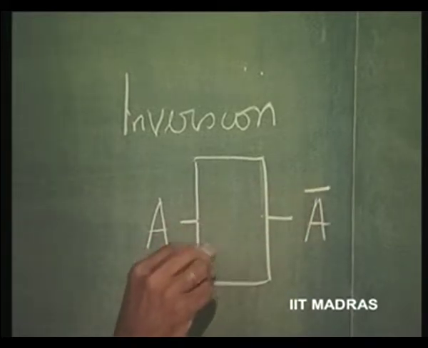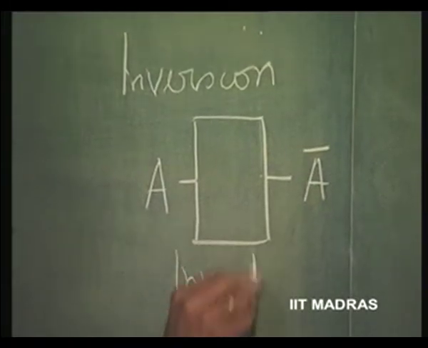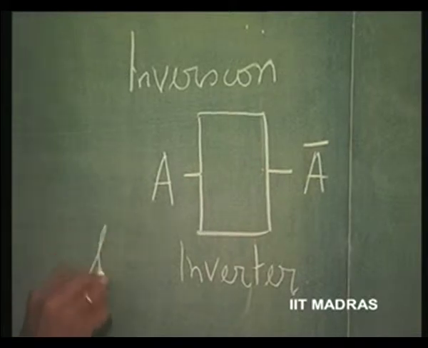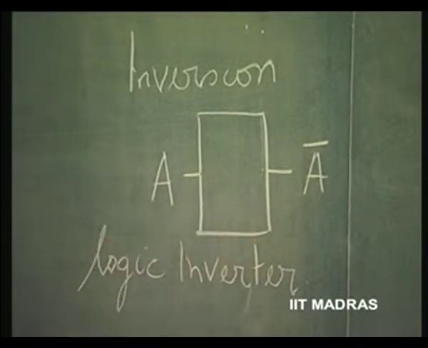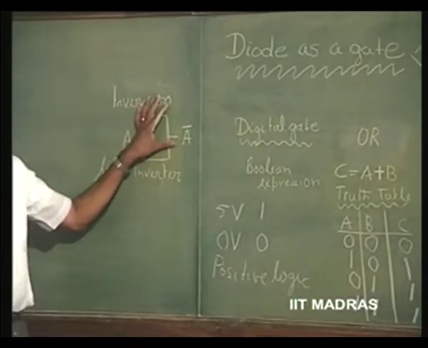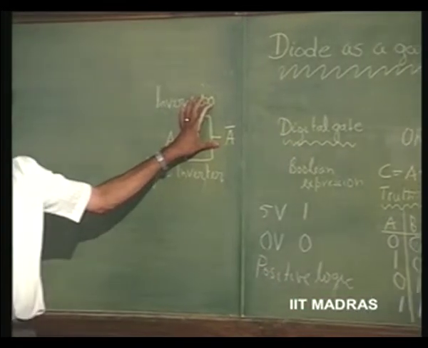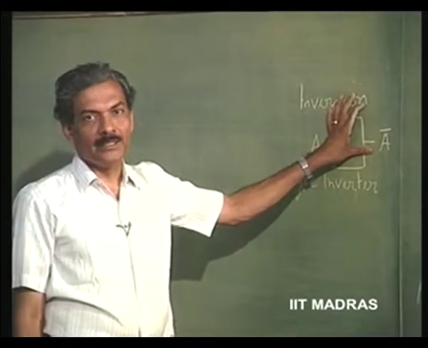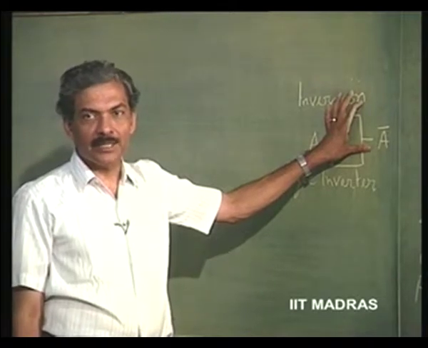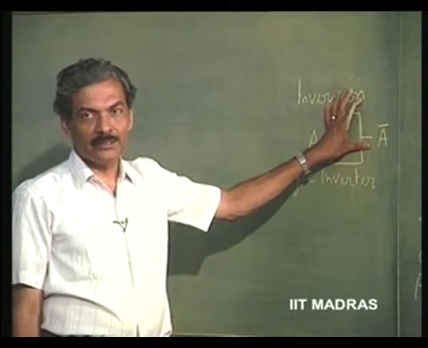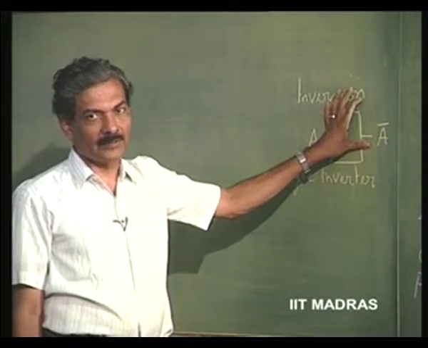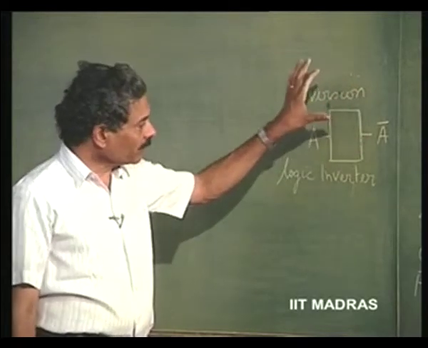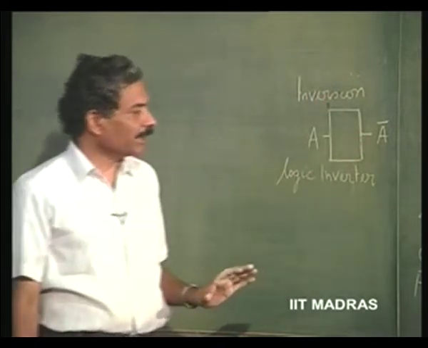This is what is called an inverter, a logic inverter. These are all logic gates. This cannot be performed by diode circuits. This can be performed by what is called an active element, either a bipolar transistor or a field effect transistor. These are the active elements which we will learn in the later lectures. But you must note that this is an important operation missing.